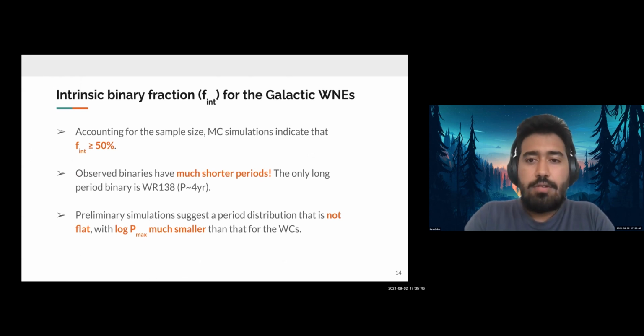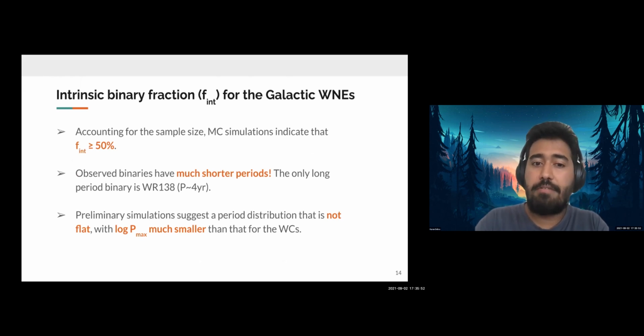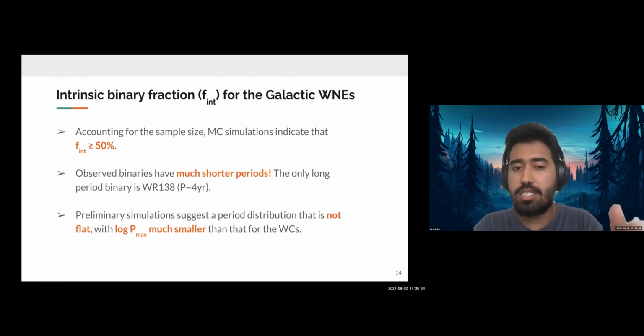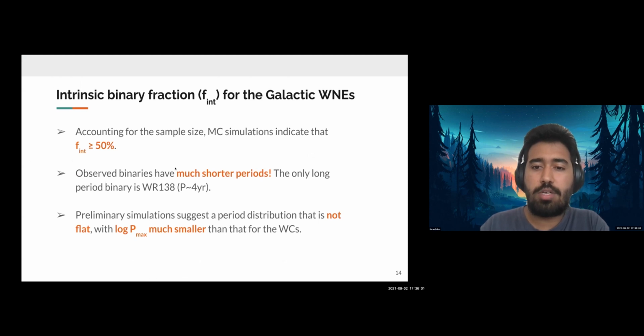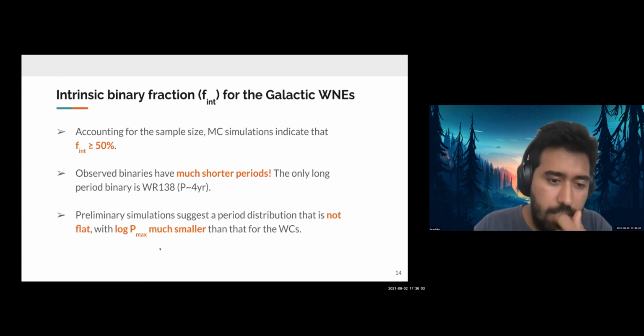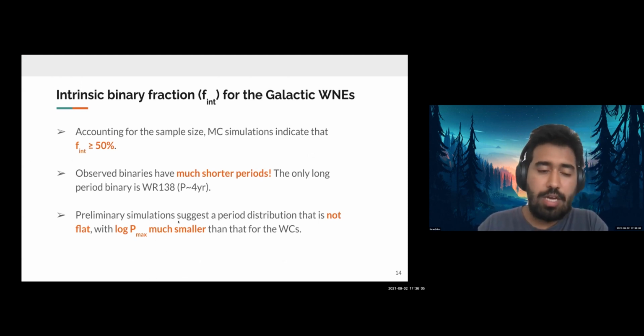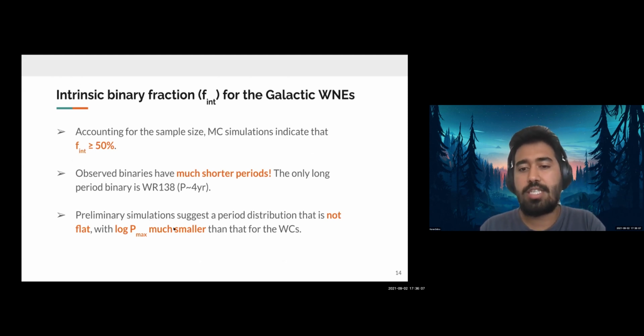After performing some Monte Carlo simulations, we found that our intrinsic binary fraction for the WNEs is at least 50%. However, the period distributions are quite different. We see binaries at much shorter periods, and some initial simulations suggest that the period distribution is not flat.